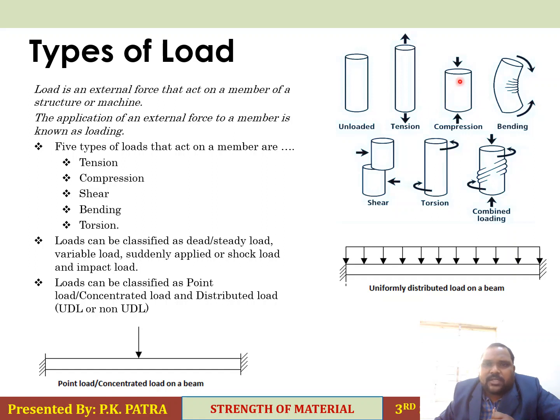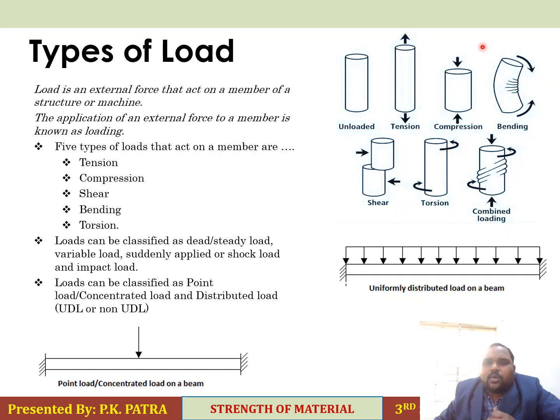In this figure you can see the unloaded section having this length. Due to tension its length increased, but in case of compression you can see its length decreased, but its diameter increased. What does it mean?